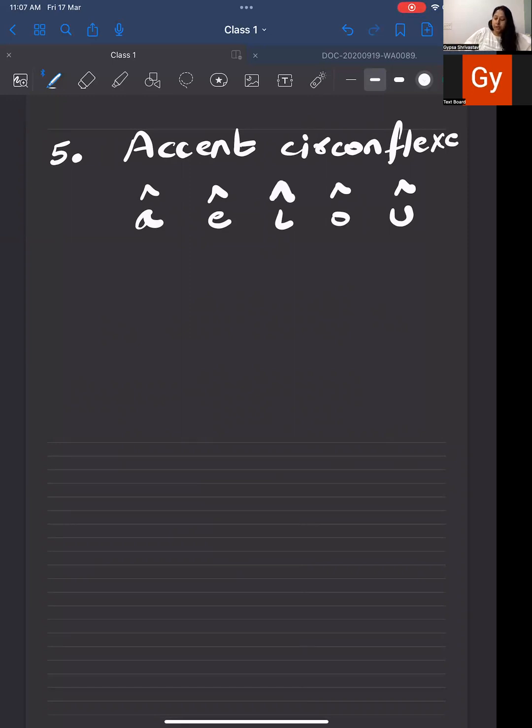Now circonflexe usually gives a different look to the French words. If you notice, most of your European languages, Spanish, German, English, French, they all have a common source, Latin. Now, what happens is when so many languages originate out of one single language, the words across these various languages tend to be similar. The purpose of accent circonflexe is to give the French words a different look.